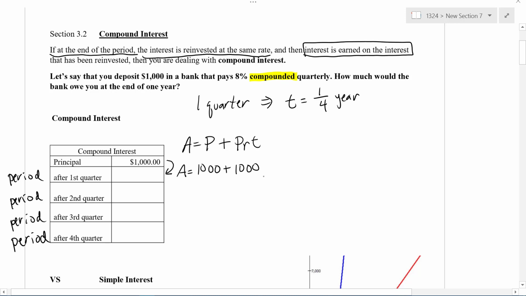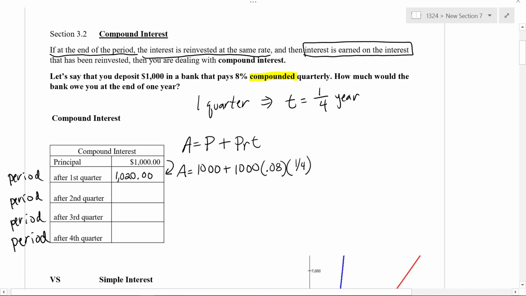Our interest rate was 8%, so as a decimal, that's 0.08, times the length of time, which is 1/4. Put all of that into our calculator, and I get $1,020 for that first quarter.